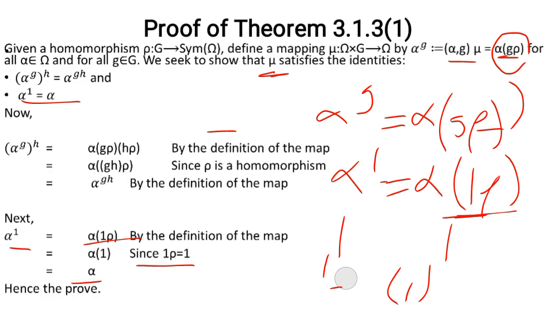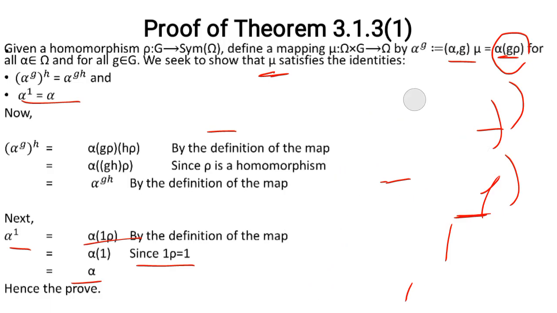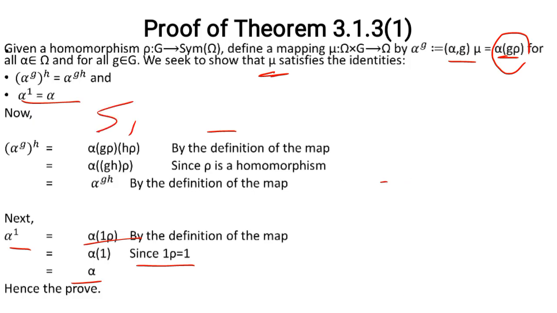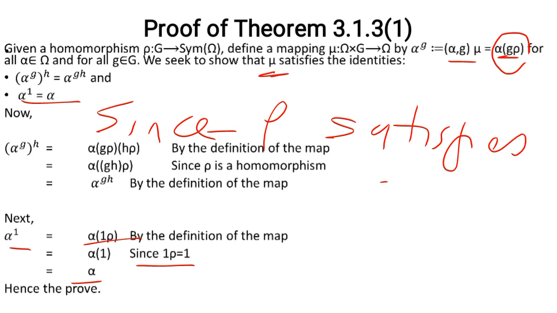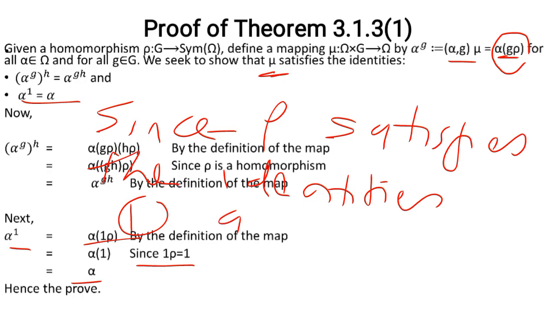So the conclusion, which I have not stated there, we're supposed to conclude. So what do we conclude? We then say, since rho satisfies the identities 1 and 2, what does it follow?